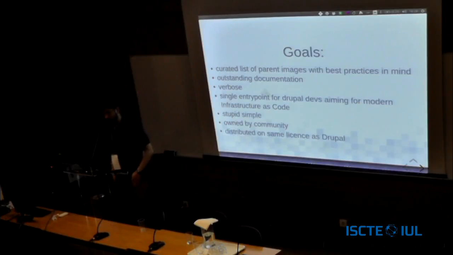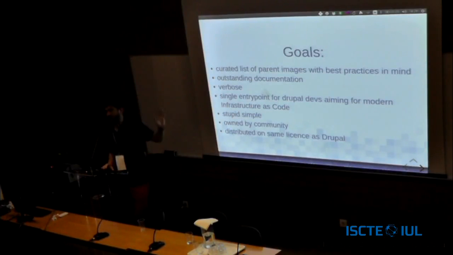So make everyone be on the same page, and have a single entry point for Drupal devs that are aiming for some modern Dockerized environment for their projects, who want to think about their infrastructure as about code. And make it also stupid simple, so people without any knowledge can just go into the one page and, yeah, this is how I should do it. So copy this and paste it, and I can just go.